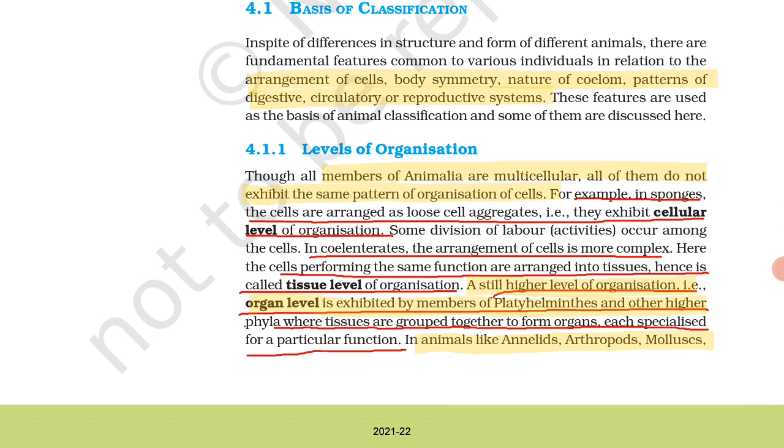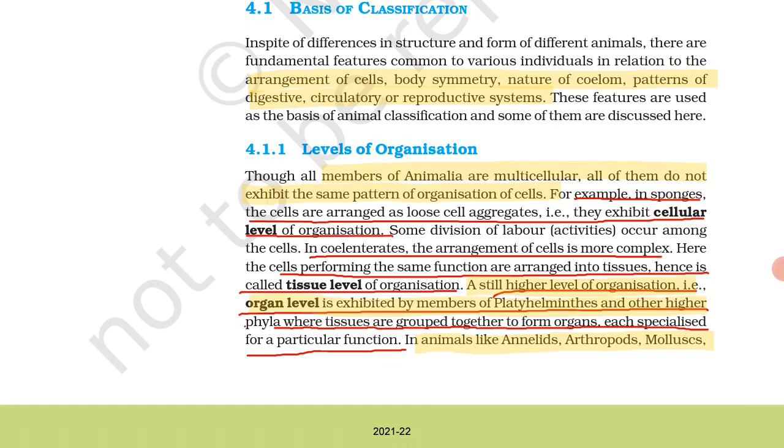So, we have studied earlier about cellular level of organization, and the example was sponges because the cells are arranged in loose aggregates. Next is tissue level organization, where the example is coelenterates. The cells are arranged in a more complex pattern and the cells performing the same function are arranged into tissues.